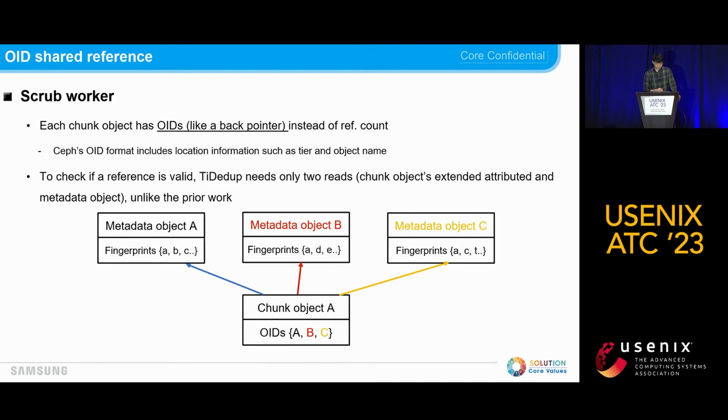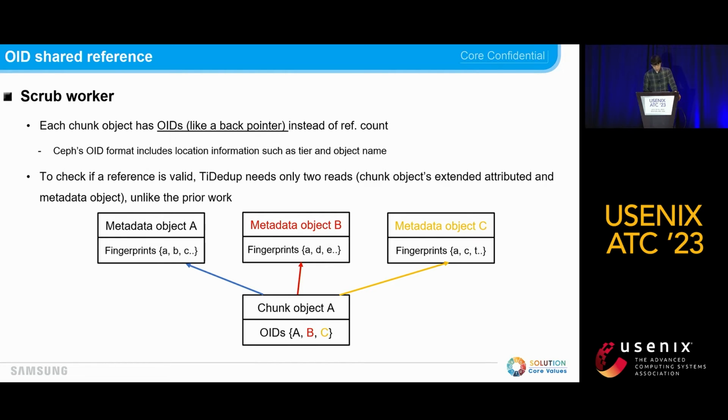The third idea is wide shared reference. Instead of using a number as a reference, TiDedup exploits Ceph's wide format. Ceph's wide format includes location information such as tier name, tier, and object's name.